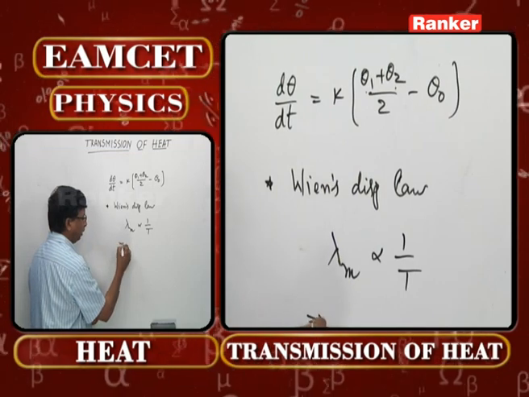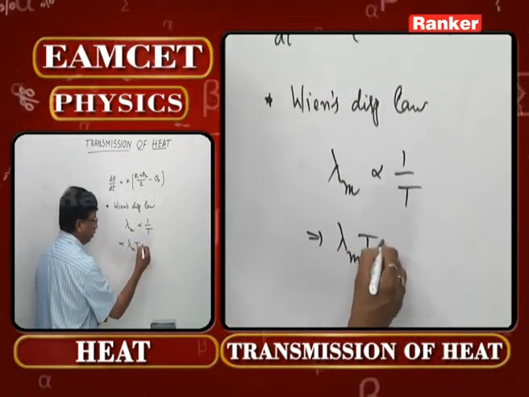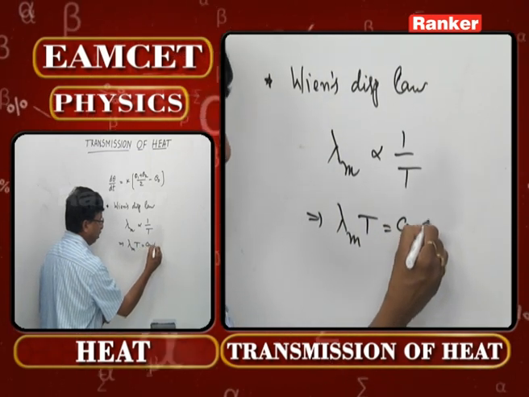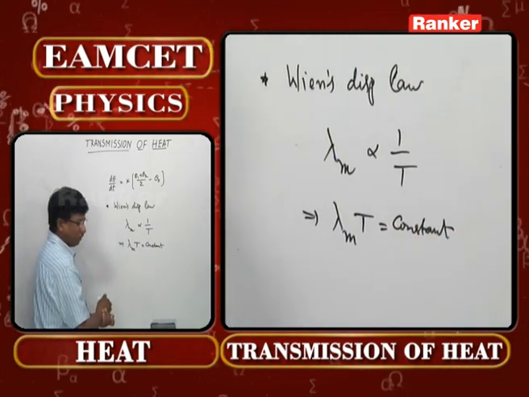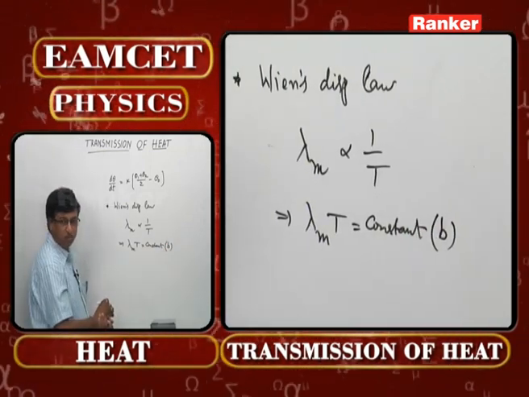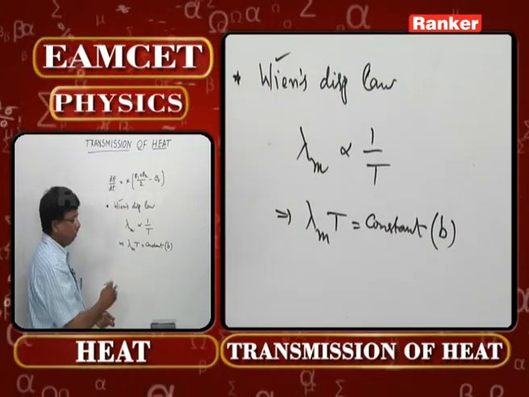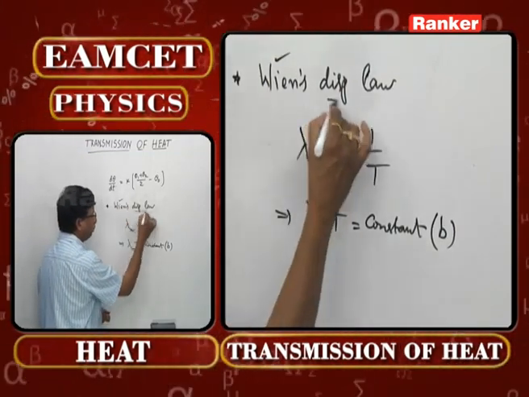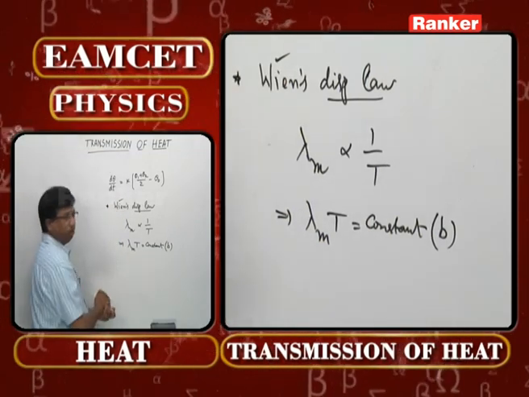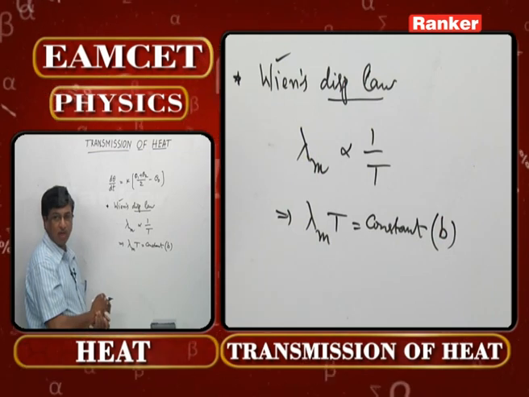In other words, we can say lambda at maximum intensity into T is equal to a constant, as we used to say. What is this constant usually represented as? It is represented as b. That b we call Wien's constant. So this is what is called the displacement law, which has been given by Wien. Therefore, we call this Wien's displacement law.